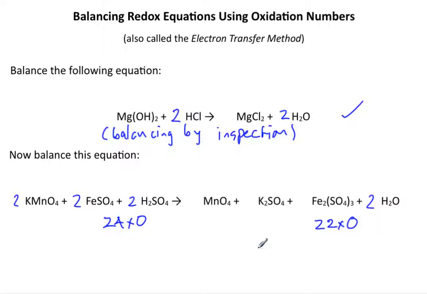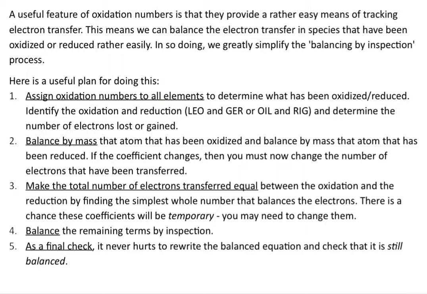So it's not balanced. I have to start again. I'd erase everything and have another go. Hopefully you can see that's not a very good way to go about things. This is actually a redox equation. There's a simpler way. So let's look at that simpler way.